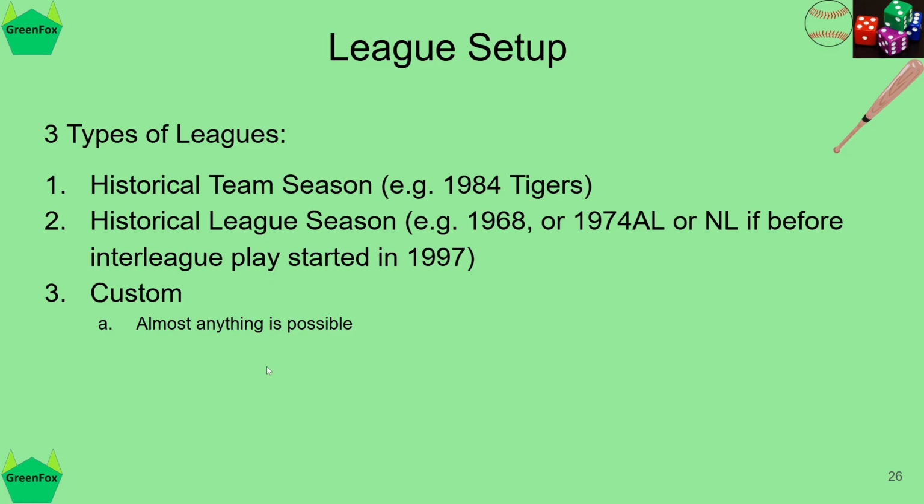Or if it's pre-interleague play, you could just choose to play the American or National League for a given season. The third type is custom, and as written here, pretty much anything reasonable is possible.